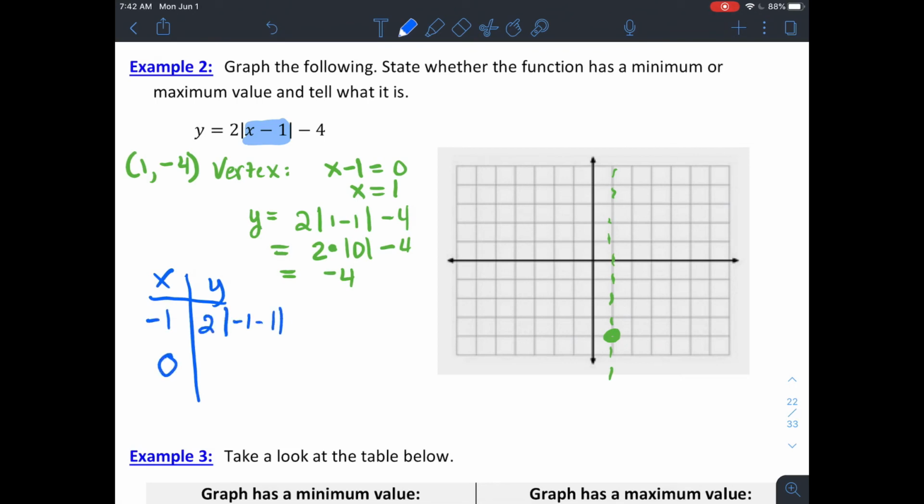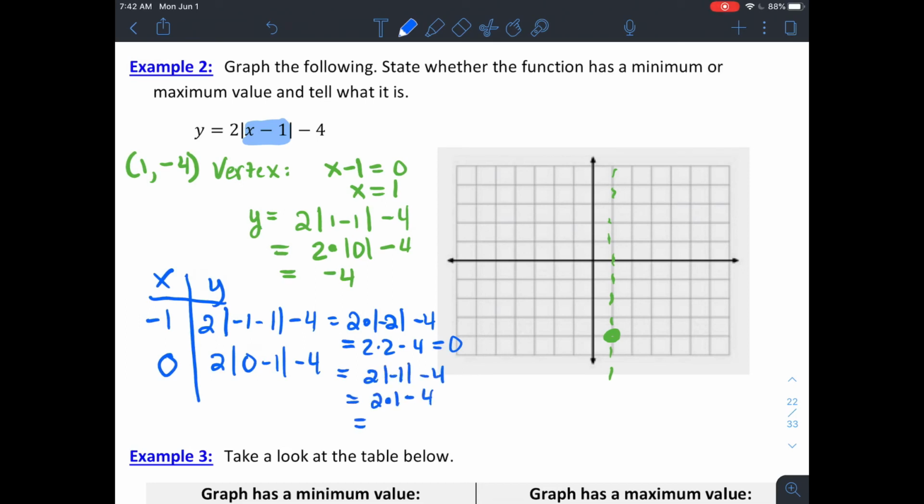So if I plug those in and evaluate, when I plug in negative 1, I'm going to get 4 minus 4, which is 0, and when I plug in 0, I'm going to get, let's see, the absolute value of negative 1 is positive 1, negative 2.